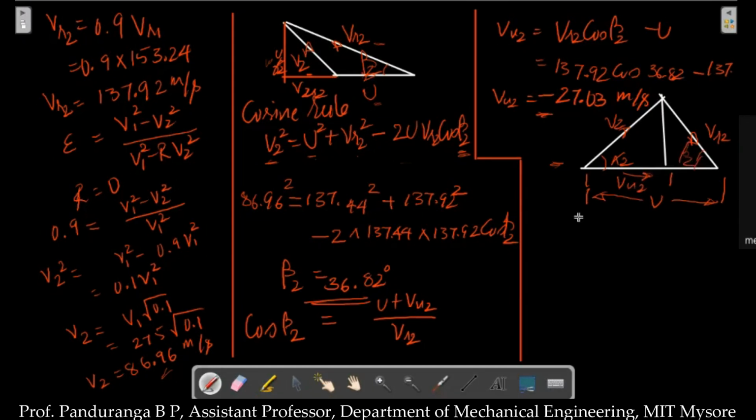Once we know that, now I know the value of VU2. I can find out the power. Power is given by m dot into U into VU1. Since VU1 and VU2 are in the same direction here, I'll write it as minus VU2.